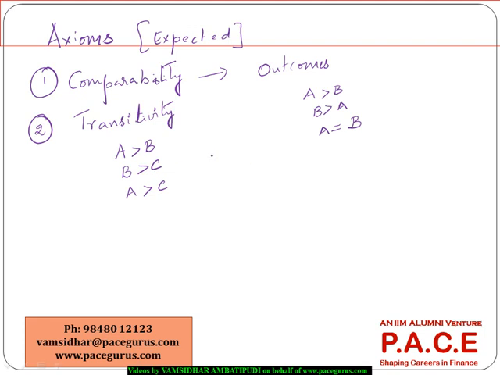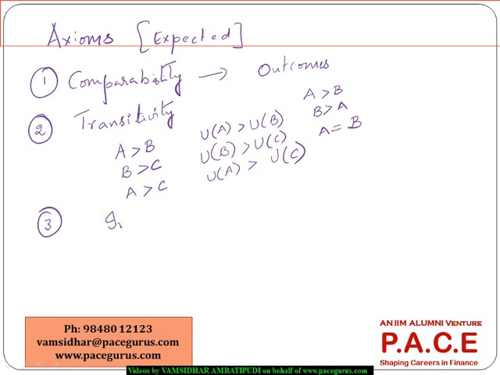From the utility perspective also, if the utility of A is greater than the utility of B, and the utility of B is greater than the utility of C, under the transitivity property, I can definitely say that the utility of A is greater than the utility of C. Similarly, even with the equalities, in terms of ranking of the investments, this particular axiom comes very handy.